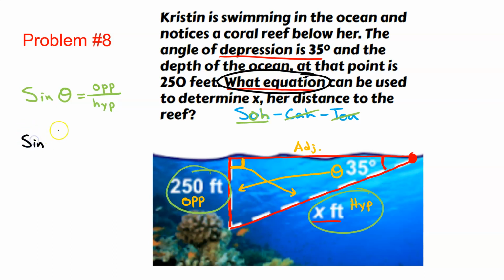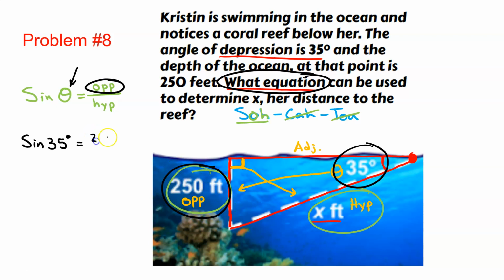Sine of, what is our reference angle? That was 35 degrees. So we're going to say sine of 35 degrees is equal to the opposite side, which was 250, over the hypotenuse, which was my x. And that is it.